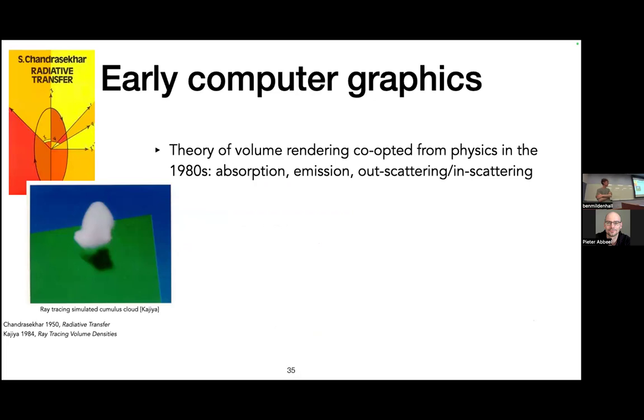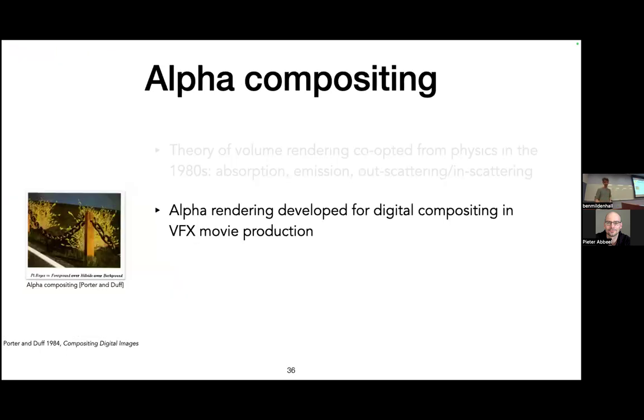But people in the very early days of graphics, in the 70s, 80s, 90s, were already rendering these partially transparent 3D volumetric objects. This very quickly turned into a pretty rigorous physical theory for rendering all of these phenomena: absorption by black smoke, emission by a flame, and the outscattering and inscattering you get from little water particles in clouds.